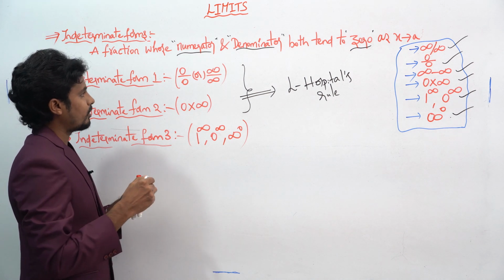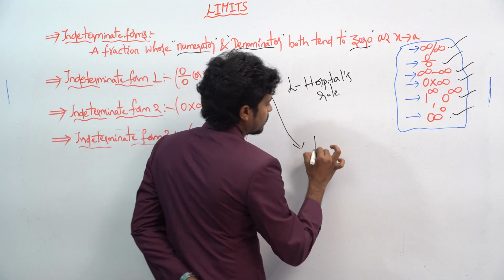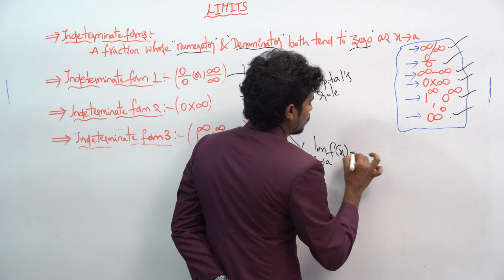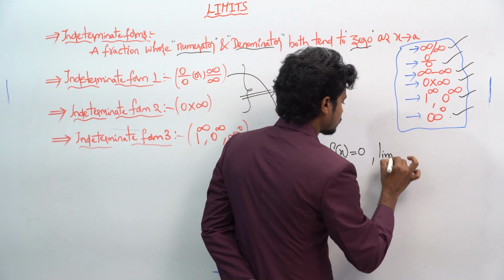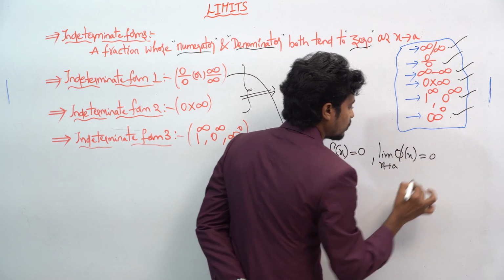For example, if you take limit x tends to a of f of x equal to 0, and limit x tends to a of phi of x equal to 0.